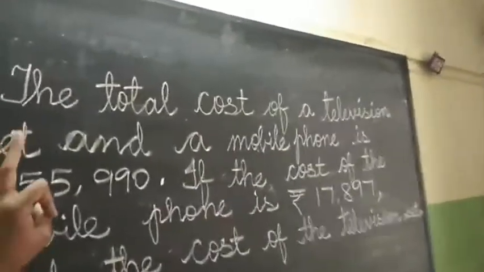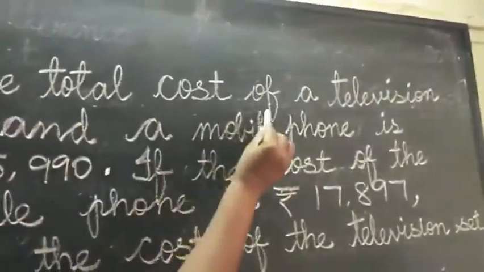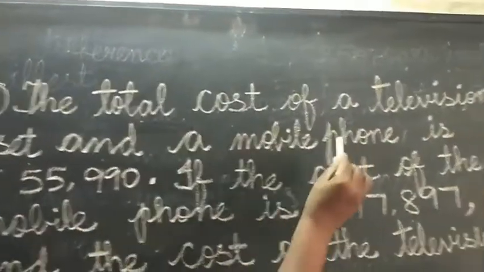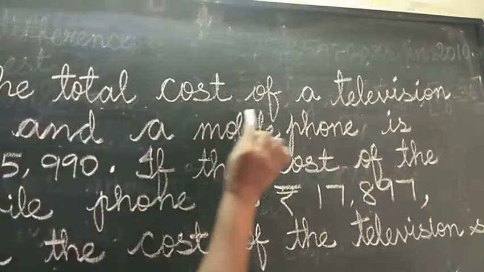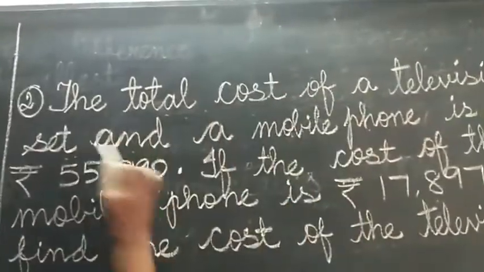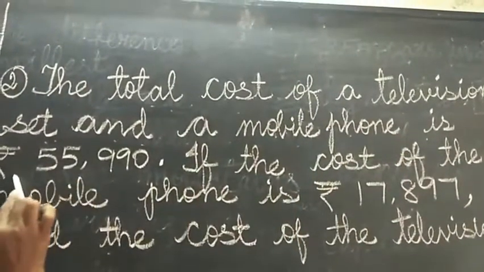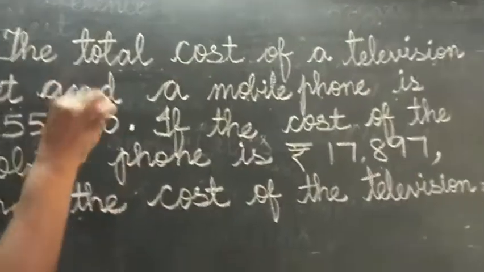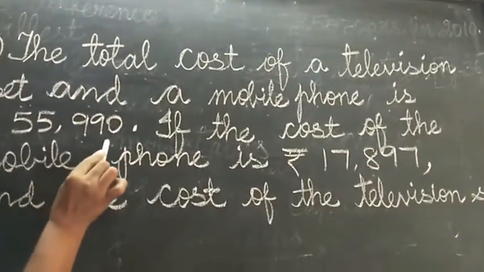Okay children? Yes, second sum I will read out. Listen carefully. The total cost of a television set and a mobile phone. See, two things are there. The total cost of a television set and a mobile phone is rupees 55,990.